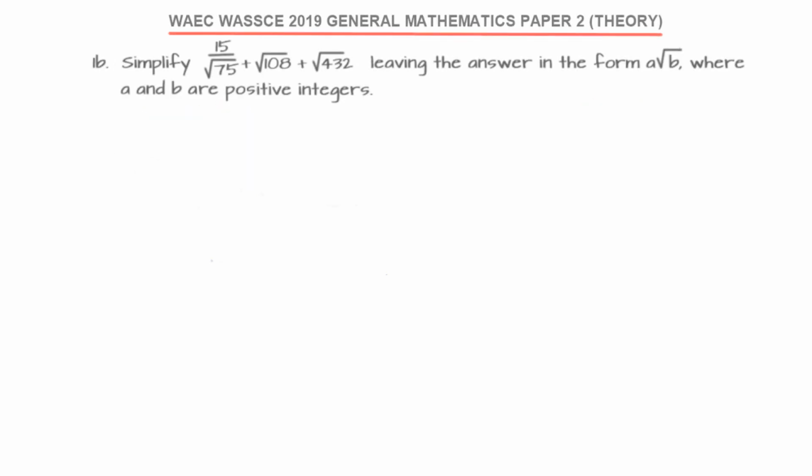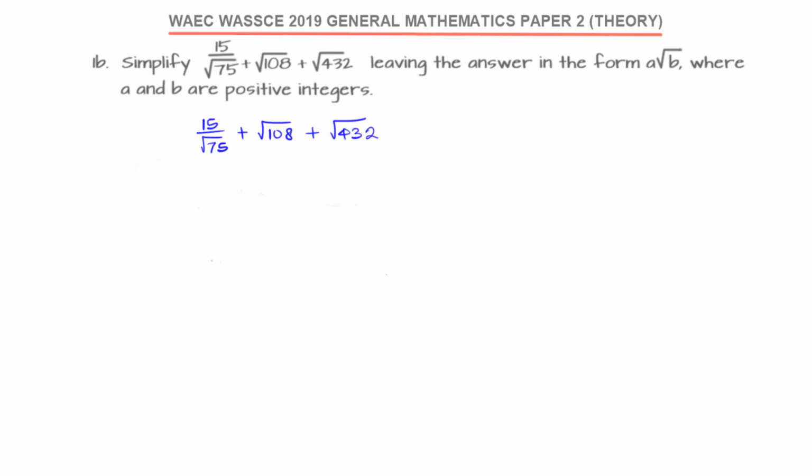In this question, we're asked to simplify 15 over root 75 plus root 108 plus root 432 and leave our answer in the form a root b, where a and b are positive integers. Now, this is a question in surds, and the best way for us to go through it is first to simplify it as much as possible, okay?